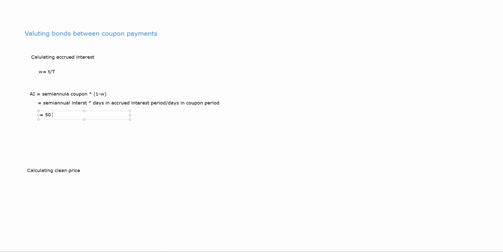Our days in accrued interest period are 91 and days in coupon period are 182, which will be equal to 25, right? So if we use 0.5 here or use this formula, it's the same, right? So this is how we calculate accrued interest, right?